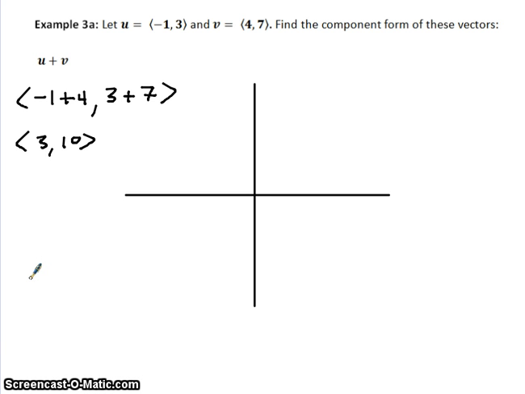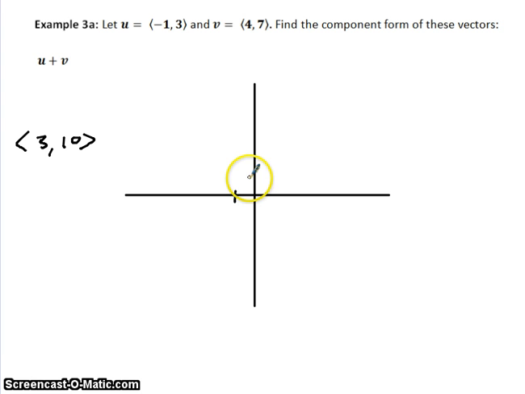So let's go ahead and see what this is geometrically speaking. We're going to get a good visual of what's going on here. So let's look at -1, 3.